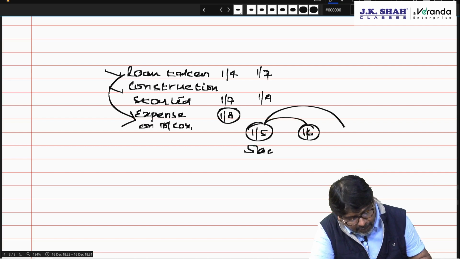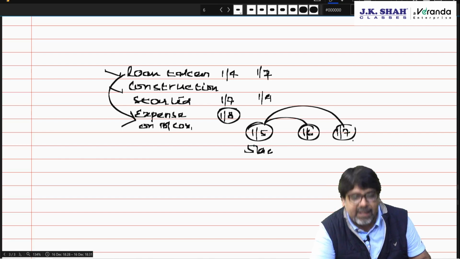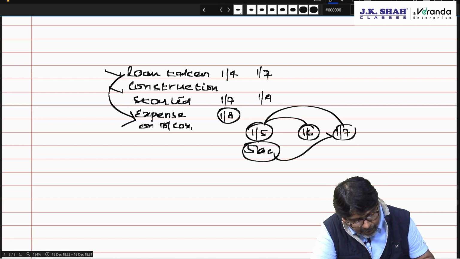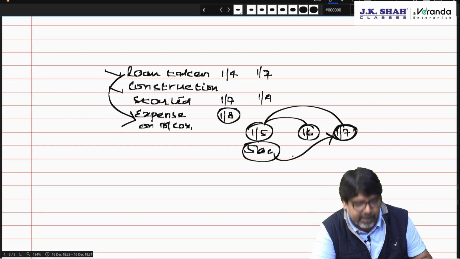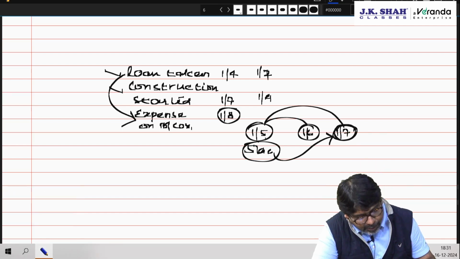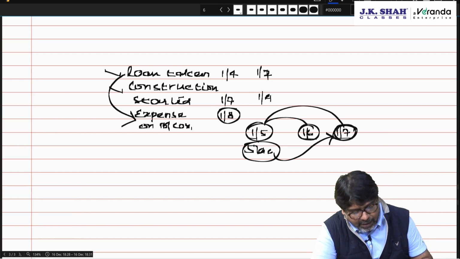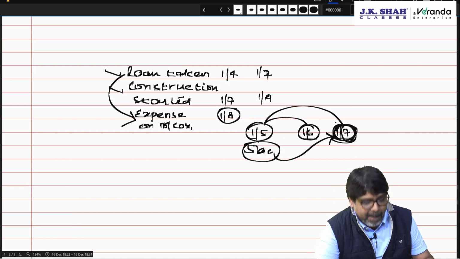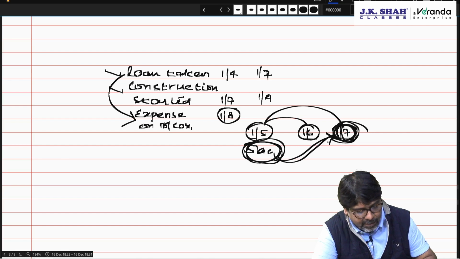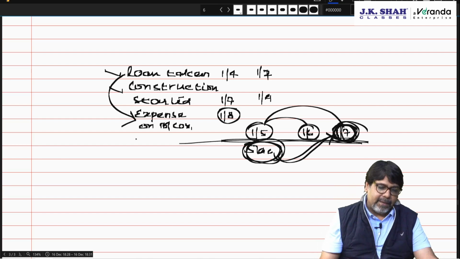Out of this 5 lakh, I started using the money in the construction period from 1/7. Then the commencement date should be 1/5, 1/6 or 1/7? Sir, 1/7. Why? Because you started using this money on construction on 1/7. So the later of the three. Am I clear? Yes, sir.